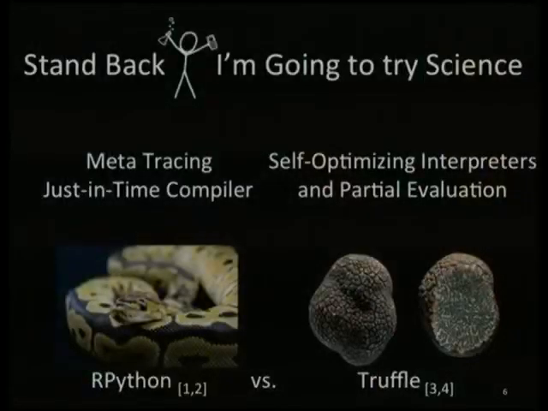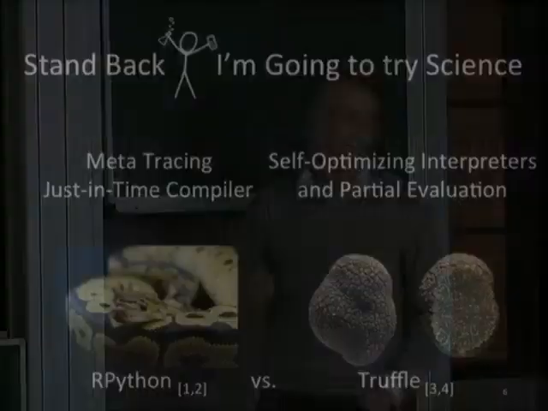So let's look a bit into what science came up with recently. Down below here, you see actually the references. But the slides will be online later, so you can look that up. There are two interesting options. You might have heard of PyPy. They use infrastructure they nowadays call RPython.